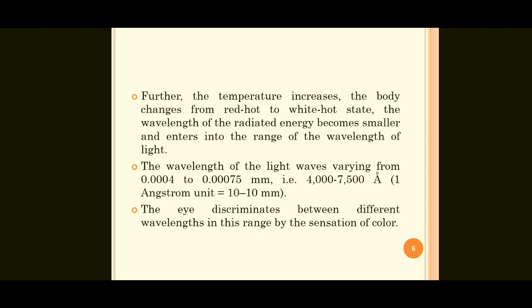At 4000 one color is present, at 6000 another, and at 7000 another, with further colors in between. So depending on wavelength, the color varies.